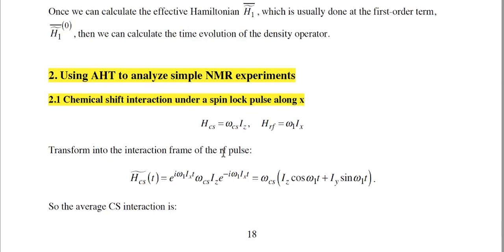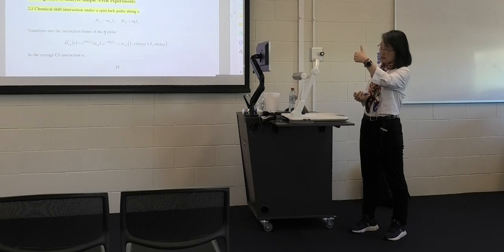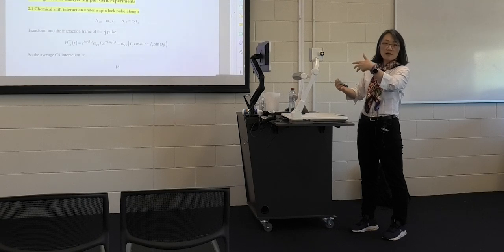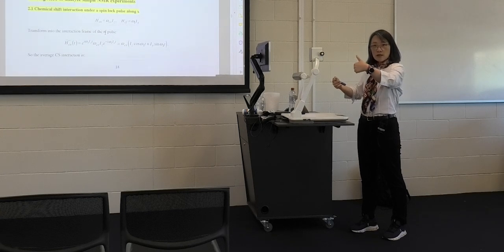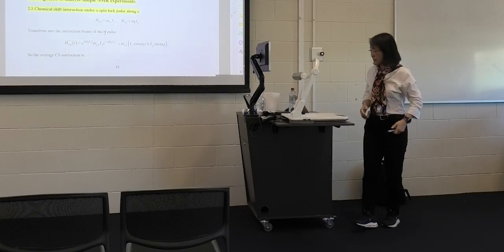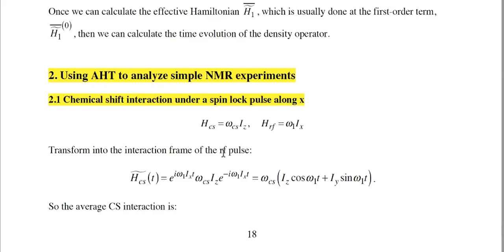If there's no spin lock and you just detect right after that 90-degree pulse, you know you're going to detect the chemical shielding interaction. That has to do with the fact that in the rotating frame, when the B0 field is transformed away, there is still chemical shift evolution. The chemical shift interaction is omega CS, the chemical shift frequency, times IZ. So your X or Y magnetization will evolve or precess around that interaction in the rotating frame, and the chemical shift would be measured as your time signal.